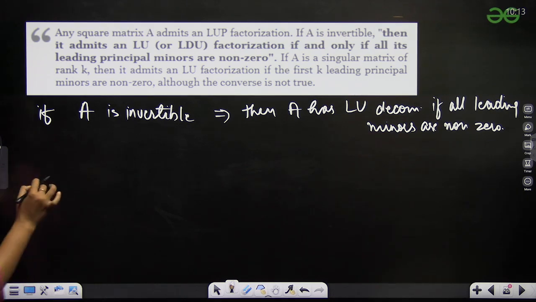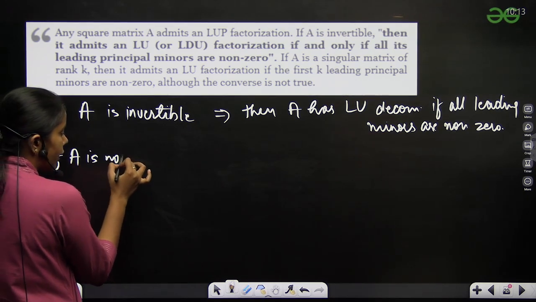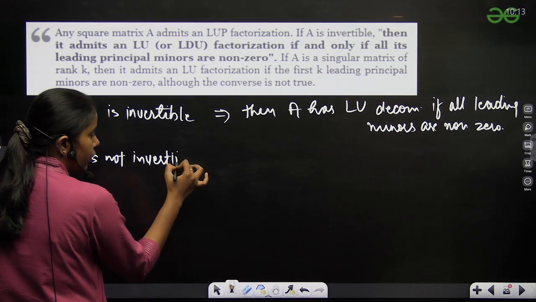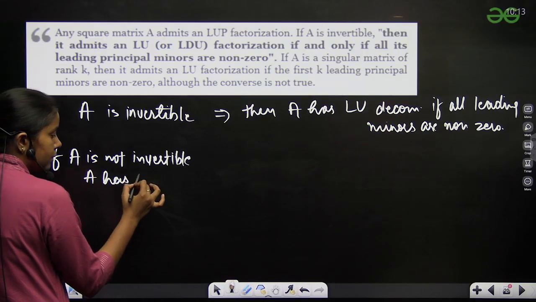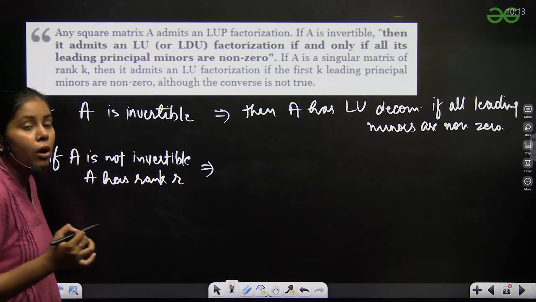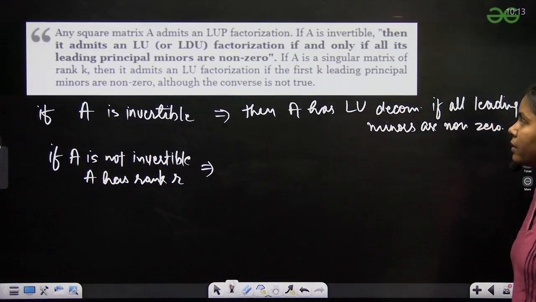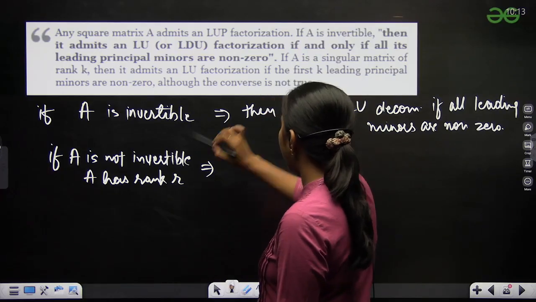But if A is not invertible, then A would have some rank. Let's say A has rank R. Then you would take the first R leading minors, or they have said K leading minors.